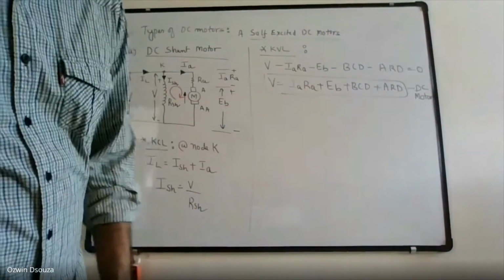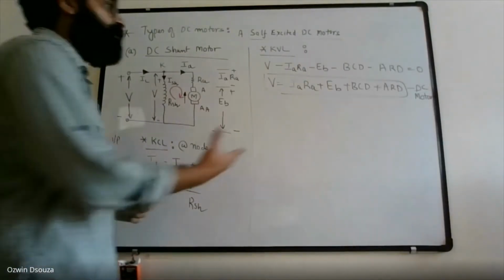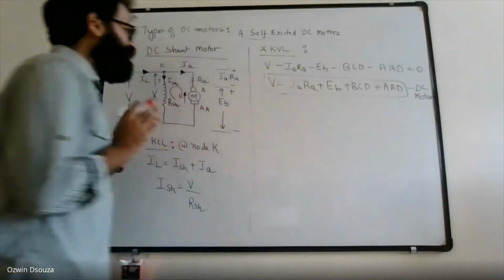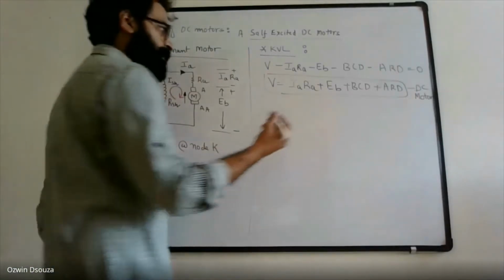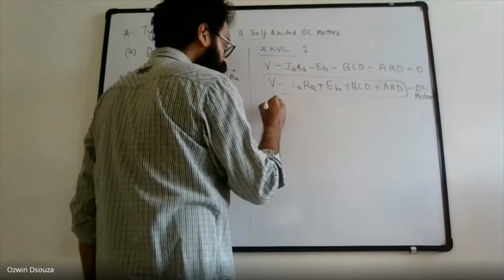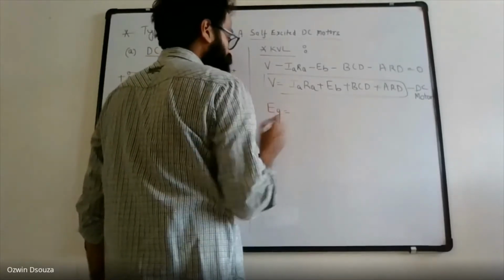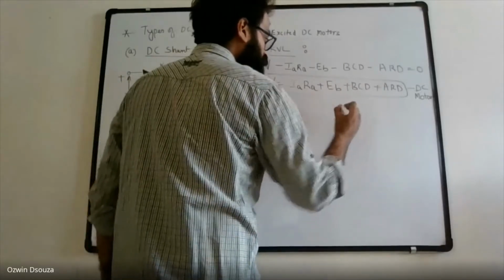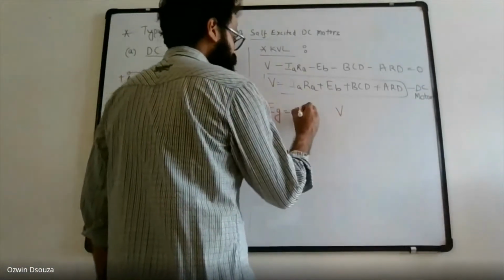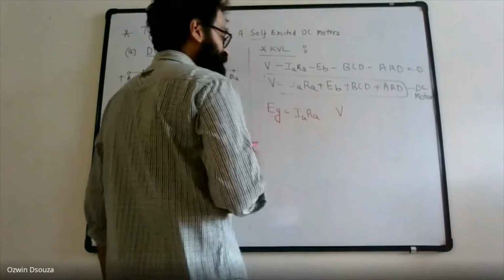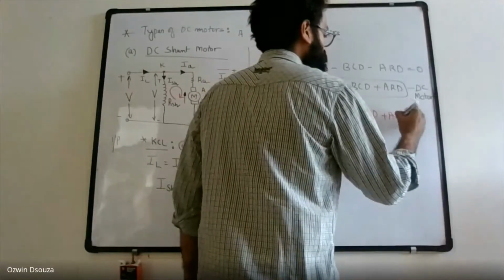Now I'm going to compare the motor equation with the generator equation, so let me write down the generator equation as well. If you had considered the generator operation of this particular machine, in place of V you would have got Eg, and in place of Eb you would have got V. So for a generator, Eg is equal to IaRa plus V plus Vcv plus the armature reaction drop.